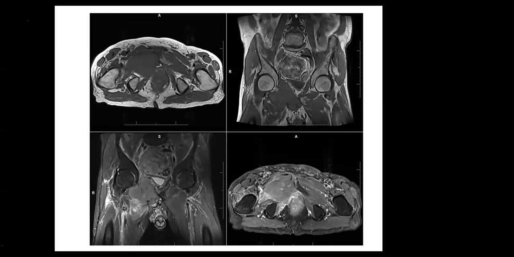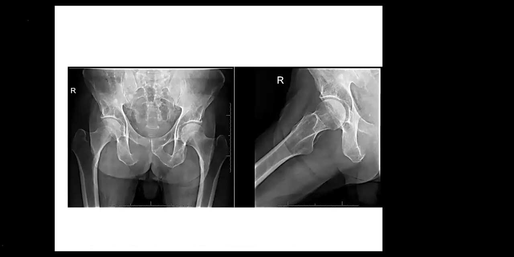Okay, yeah, thank you. You did well. Just need to go over this case together. Yes, so the radiographs showed the lytic lesion in the right inferior pubic ramus. And again, I just want to remind you about what we talked about with bone tumors.